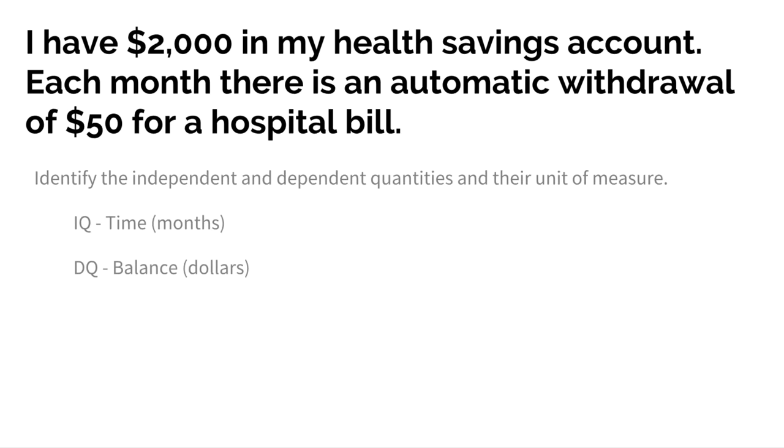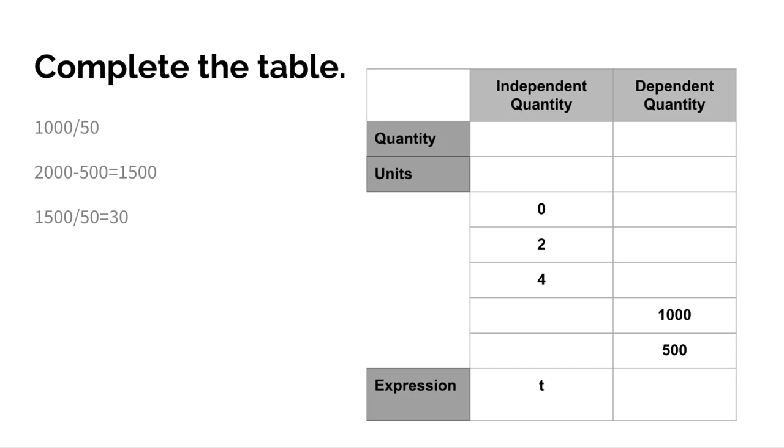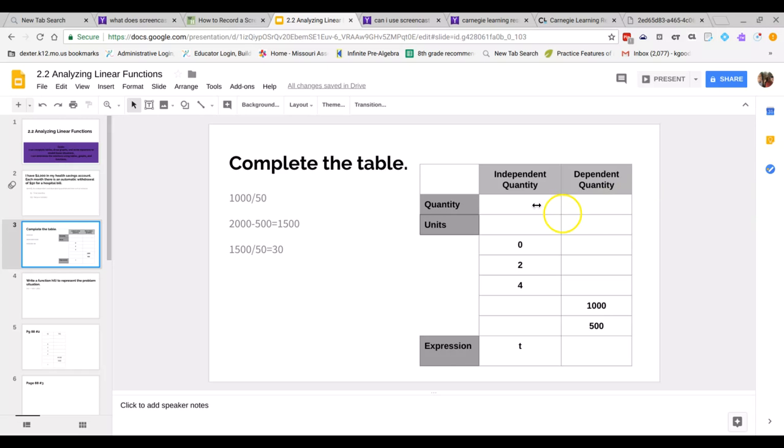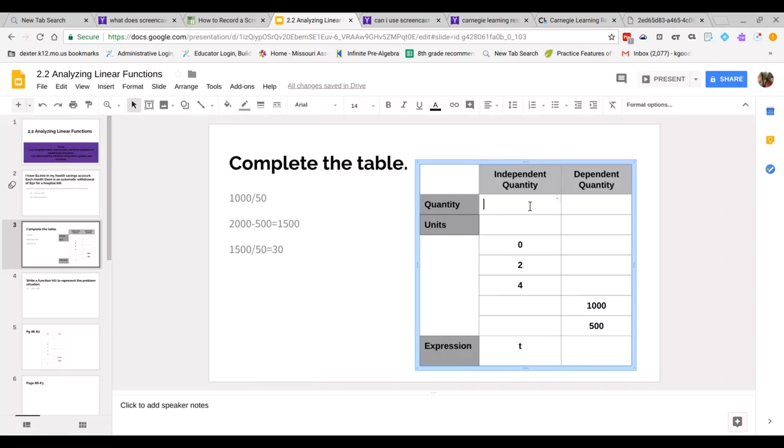So now that we have identified the independent and dependent quantity, let's complete a table. All right, so the first thing is the independent quantity.